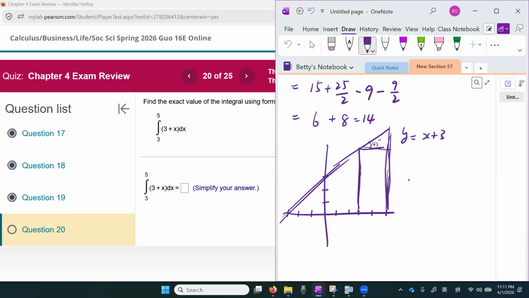It's supposed to be 45 degrees here, okay? If we use the rectangle plus the triangle, the rectangle is 2 times 3, 6, plus the area of this triangle, 2 times 2 divided by 2 is 2. 14 as well. It's 14.